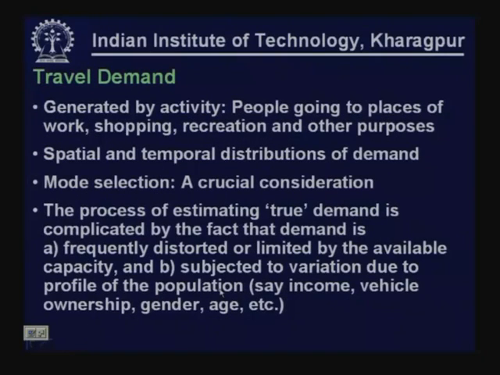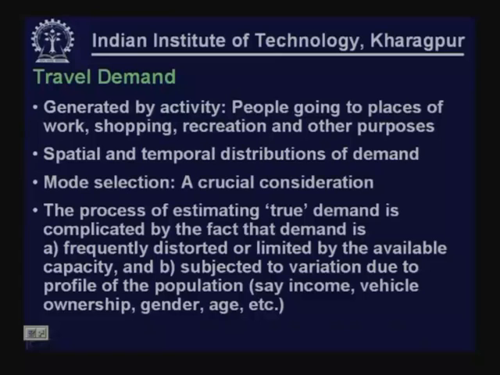Then the second aspect is the travel demand. We all know that demands are generated by activities. People live somewhere, they need to travel to various places, places of work, places of shopping, places of recreational facilities. So, for different purposes they need to travel, and there is a spatial distribution. Residences are located somewhere, activities are located somewhere, and that is what generates the travel demand.